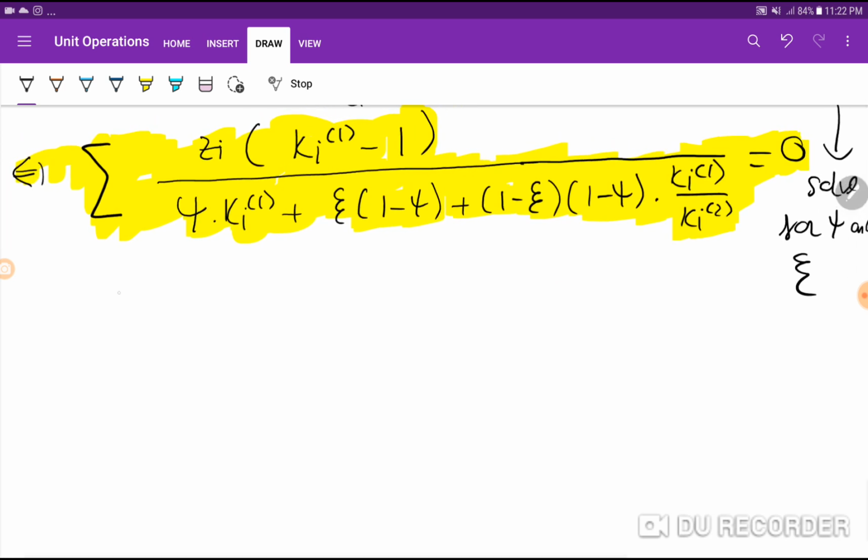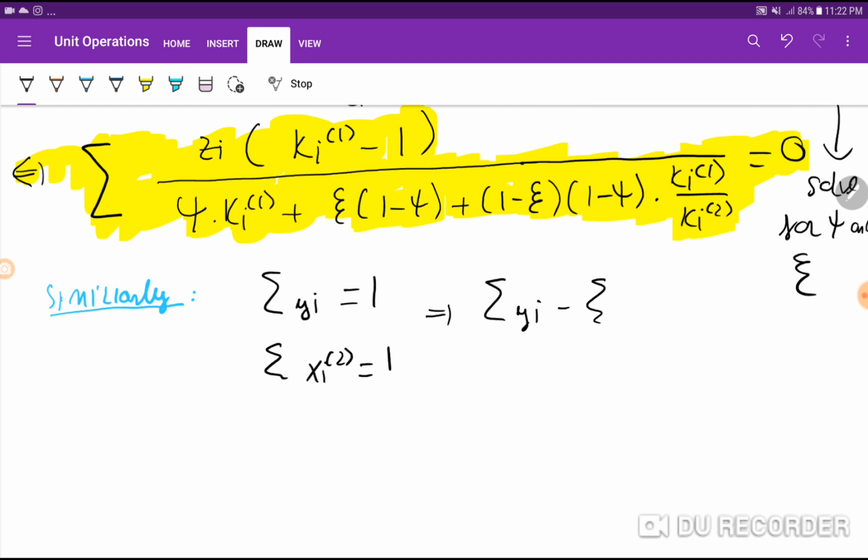Okay, so similarly, if I do the same thing, I can use this expression. I can say that summation of yi equal 1, summation of xi2 equal 1. If you do this, you can do from scratch. Everything makes sense. Oh, sorry, I went too fast. Oh, this is gonna be a long video. My apologies, guys. But you get the idea. 1 minus 1 equals 0.